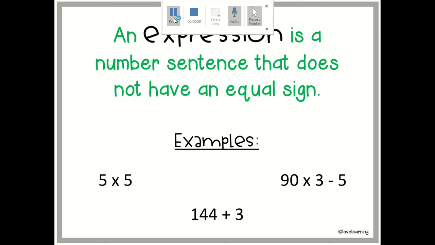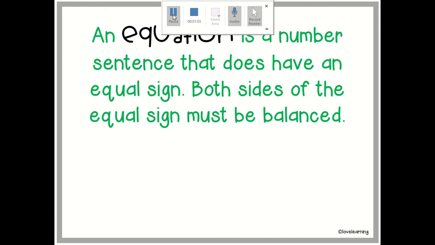So we have 5 times 5, 90 times 3 minus 5, and 144 plus 3. These are all expressions. Now let's look at what an equation is. An equation is like an expression, except it does have an equal sign and both sides must be balanced.